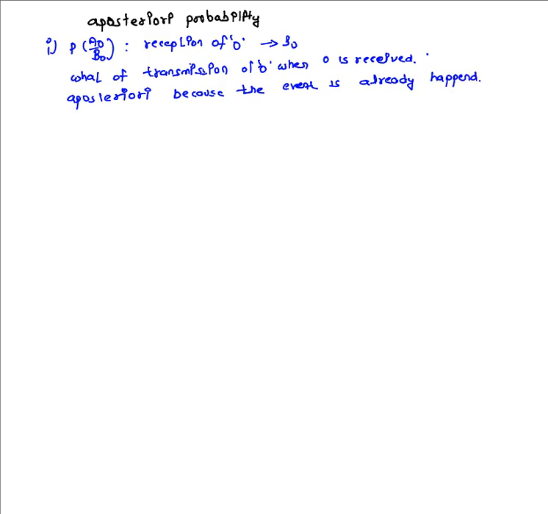The event is B0, reception of 0. It is already happened. Now we need to calculate the probability of transmission of 0 when 0 is actually received. This calculation is not straightforward. We need to use Bayes theorem in order to calculate this probability. Here Bayes theorem is applied.